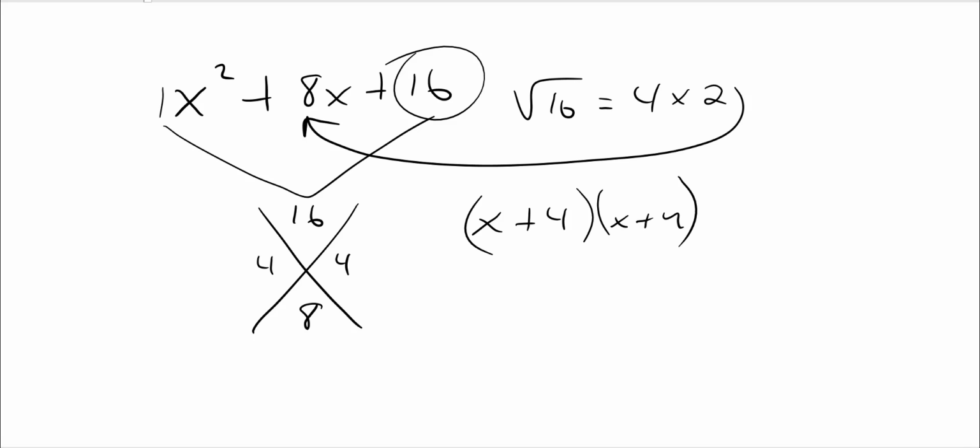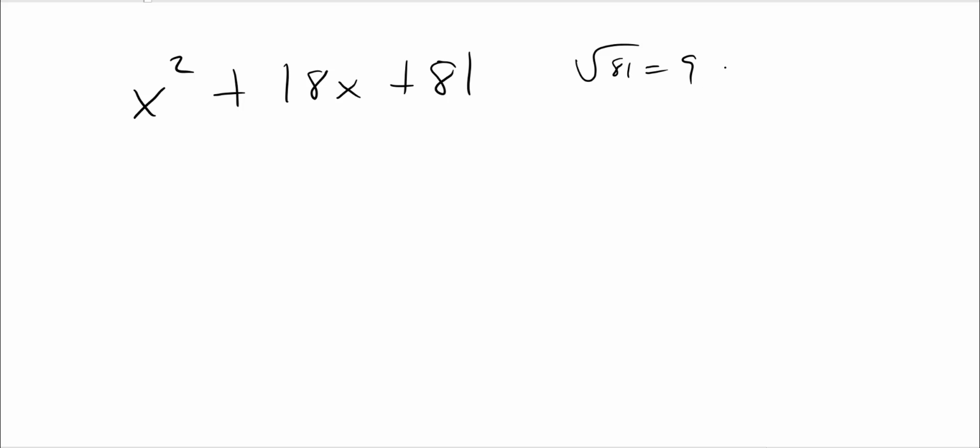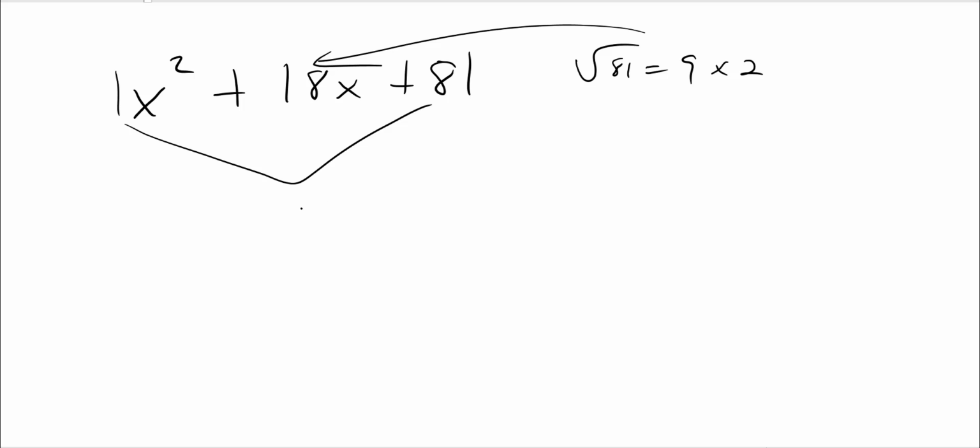Okay, let's do a couple more here. Let's do x squared plus 18x plus 81. Okay, well, 81 is a perfect square. That's kind of a nice thing. And the square root of 81 is 9. 9 times 2 is 18. So I know it's a perfect square trinomial, so let's go ahead and do the problem. So 1 times 81 is 81.